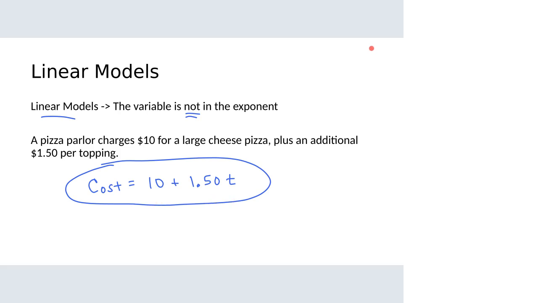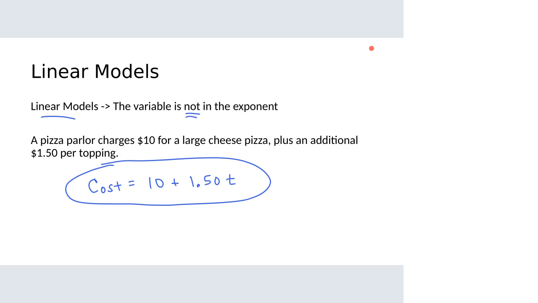I have created a mathematical model. This is a model for the situation for how much a pizza would cost at this particular pizza place. And we'll look at models that are more involved than that, but at its heart, that's what modeling is. Come up with an equation that represents a real world situation.